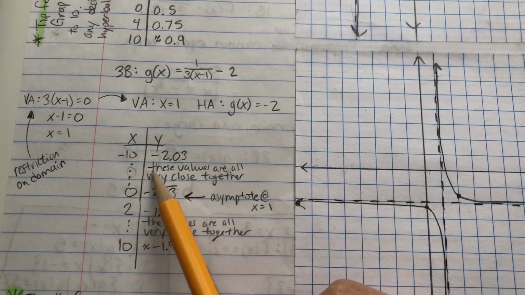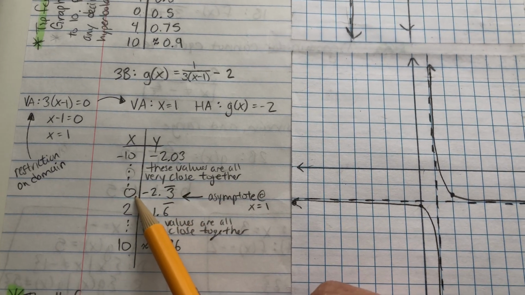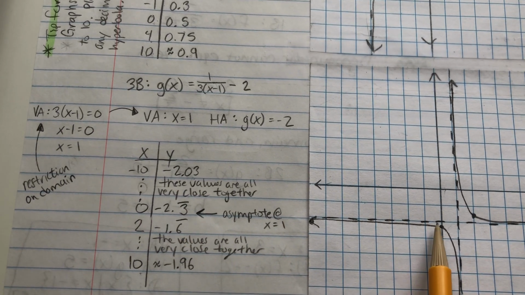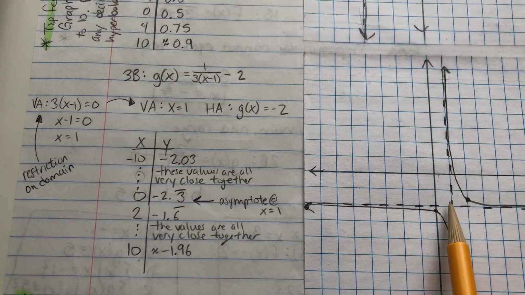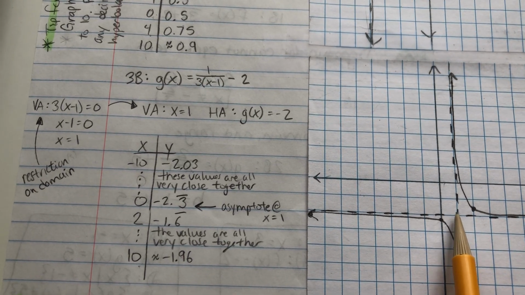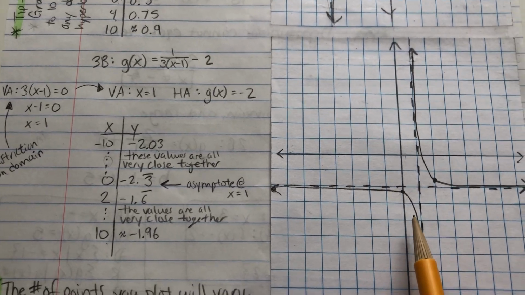As I just started typing in all these values, these all got really close together, but I needed to have some points to plot near my vertical asymptote. So that's why I included 0 and 2. I included the value that's 1 unit away to the left and to the right of my vertical asymptote, so I at least knew where I can start drawing my curve.